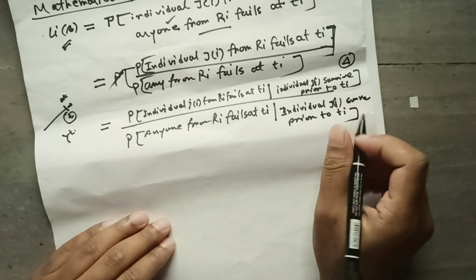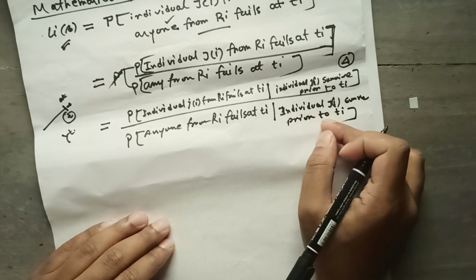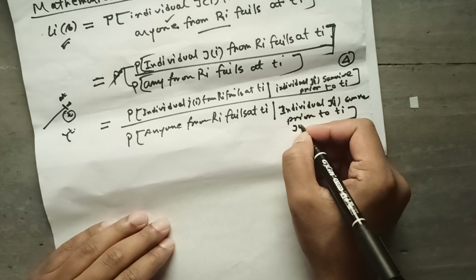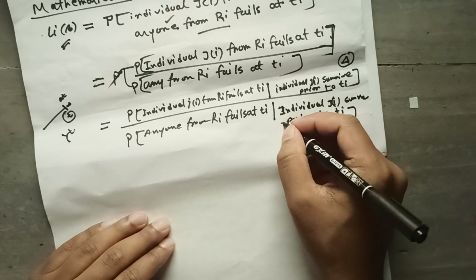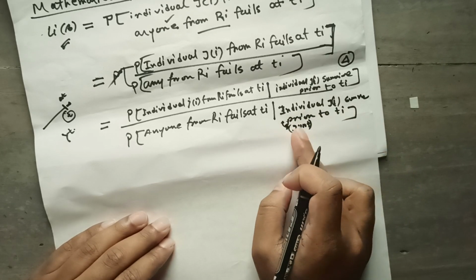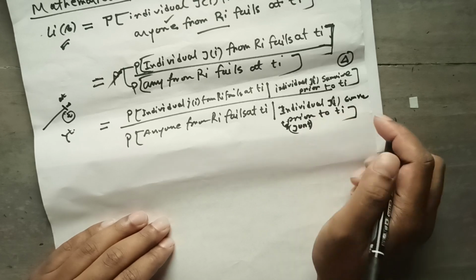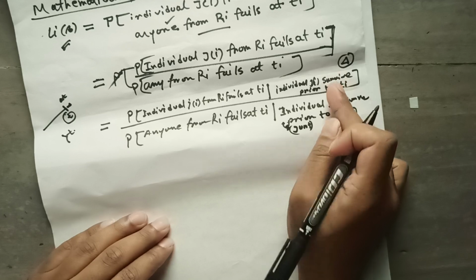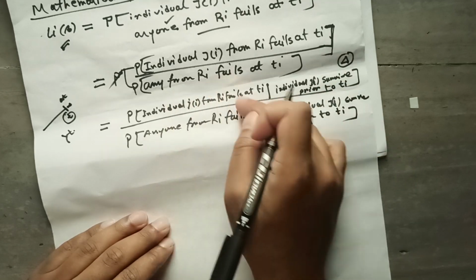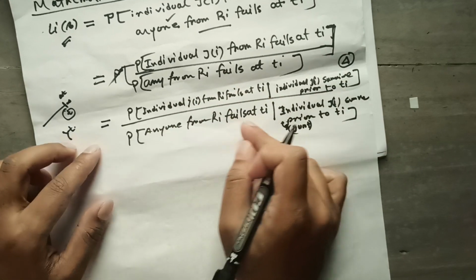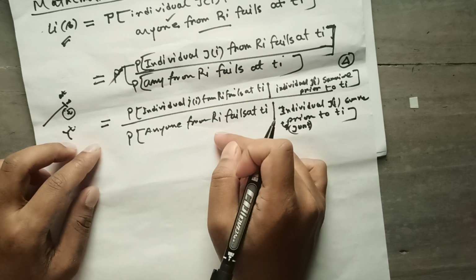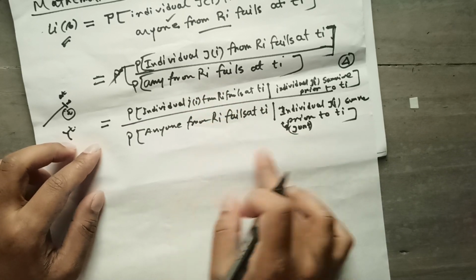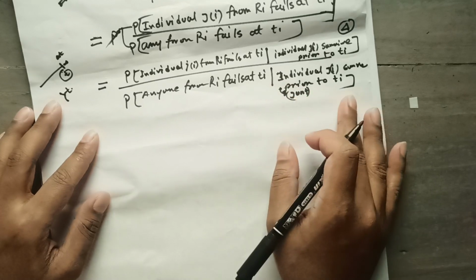All right. So prior, you can write as just. This prior quantity will be denoted like just a few Ti. So we divided by individual Ji surviving just prior to Ti, both at the numerator and denominator. So we will get like this one.